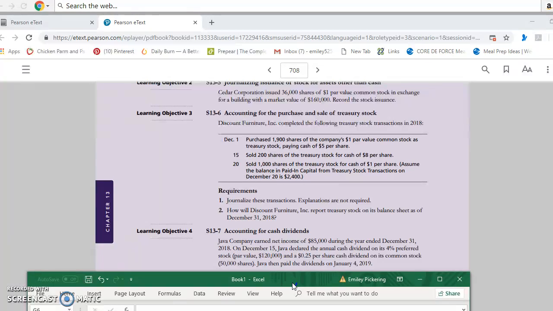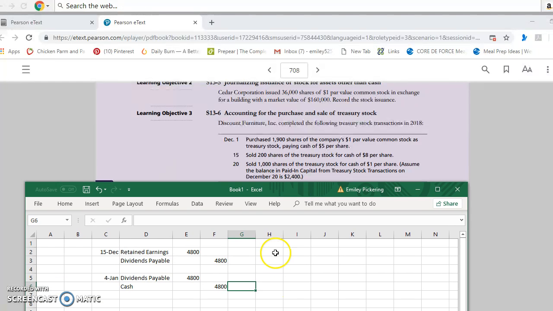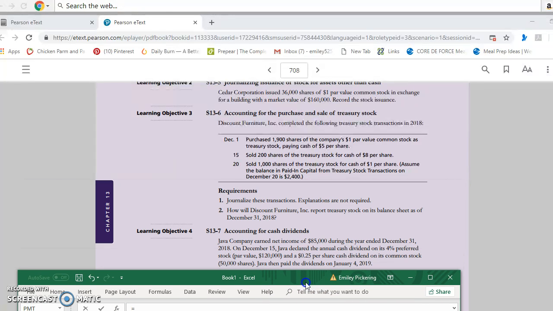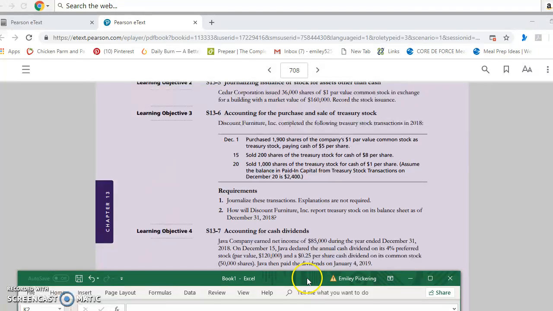Now the next part talks about a 25 cents per share cash dividend on common stock, and there's 50,000 shares. Let's go ahead and do that. So on 12/15, we are going to lower our retained earnings, and it's going to be 50,000 times our 25 cents.